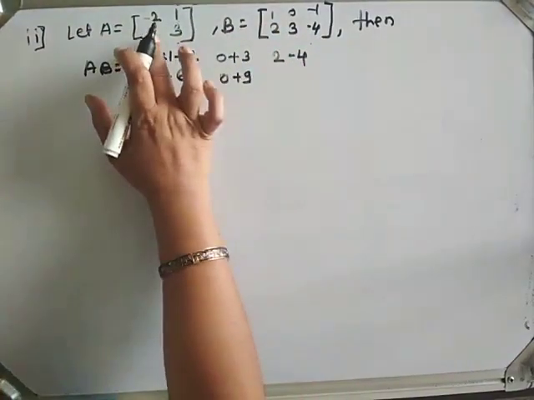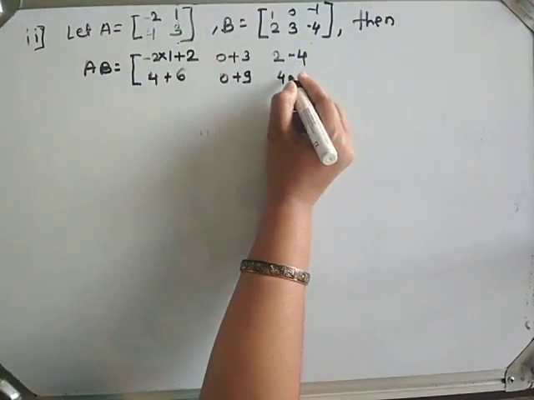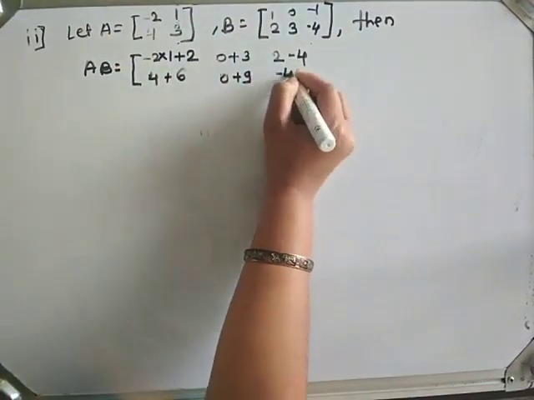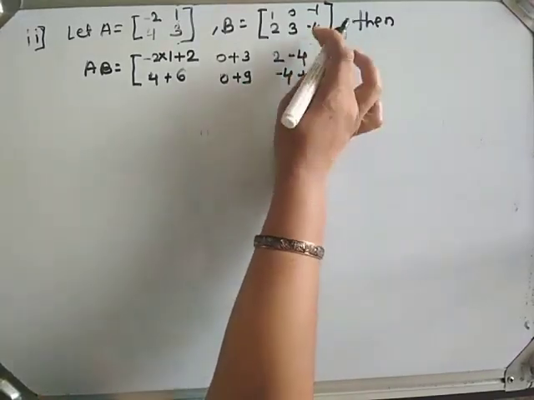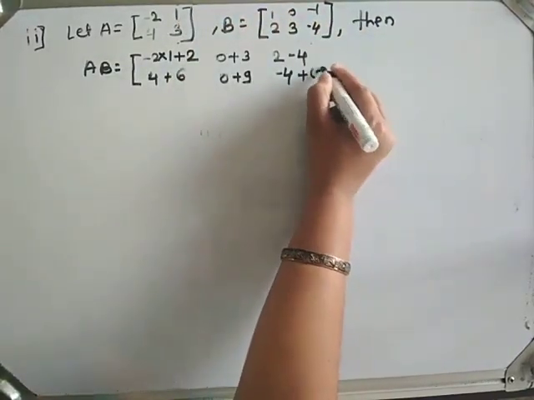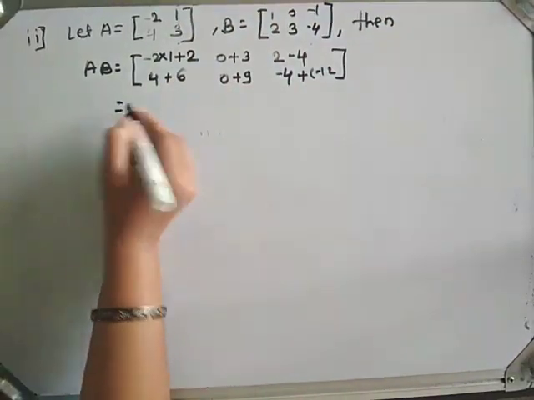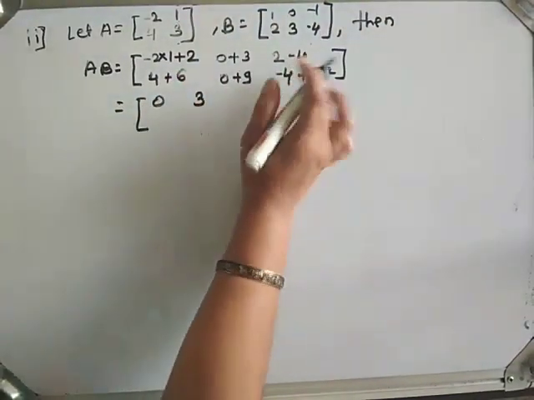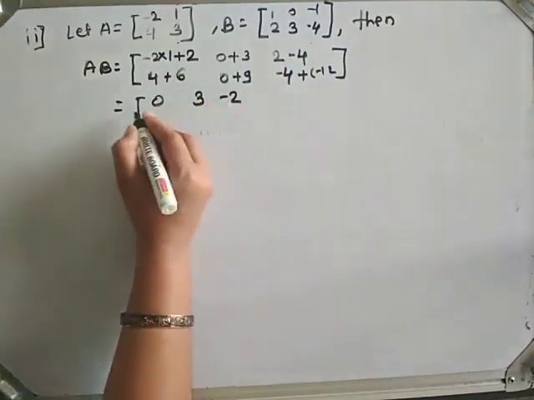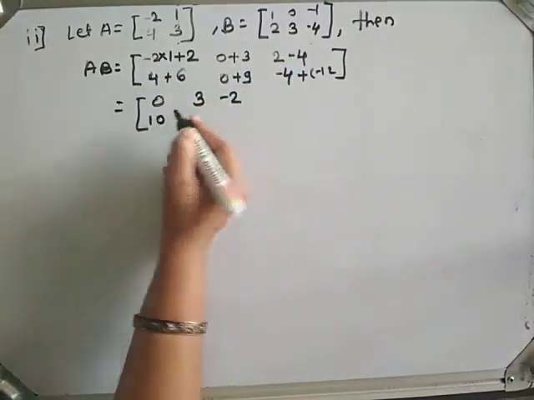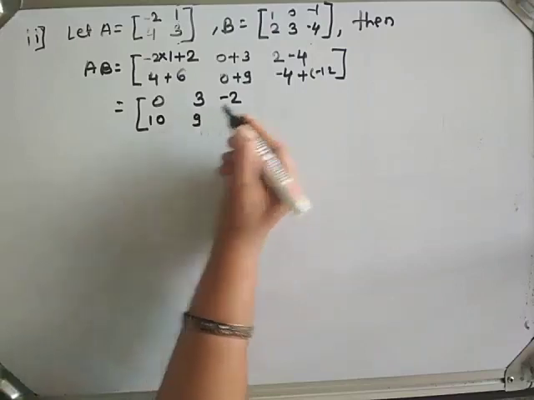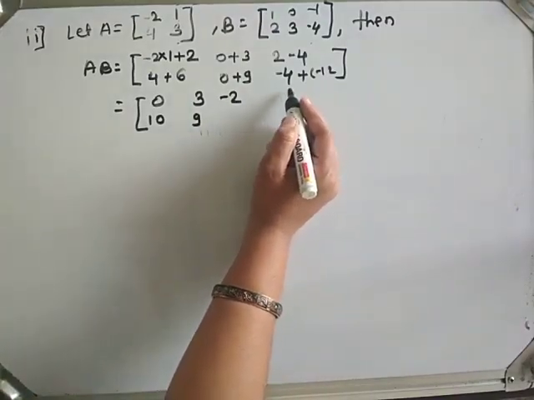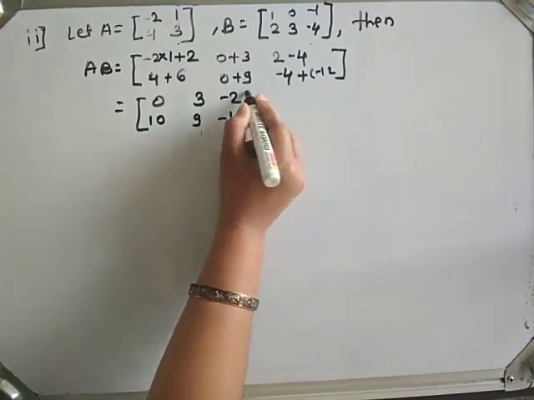For the next entry, 4 into minus 1, that is minus 4 plus minus 4 into 3, minus 12, which is nothing but minus 2 plus 2 is 0, 3, 2 minus 4 is minus 2, 4 plus 6, 10, and 9 plus 0, 9, minus 12 minus 4 is equals to minus 16.